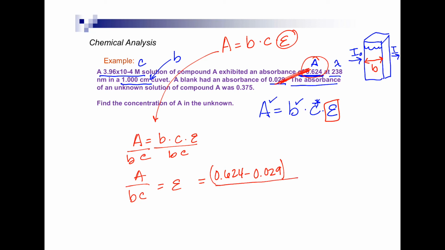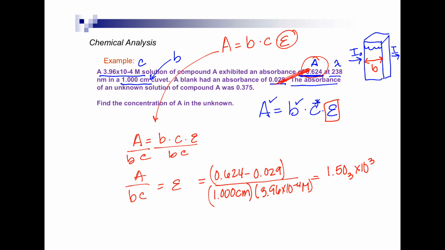The path length goes on the bottom, that's 1 centimeter. And then the concentration is 3.69 times 10 to the negative 4th molarity. And on my calculator, I got 1.503 times 10 to the third here.